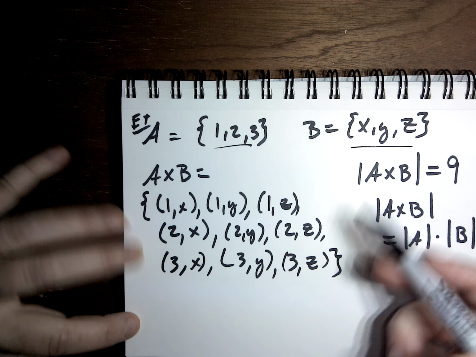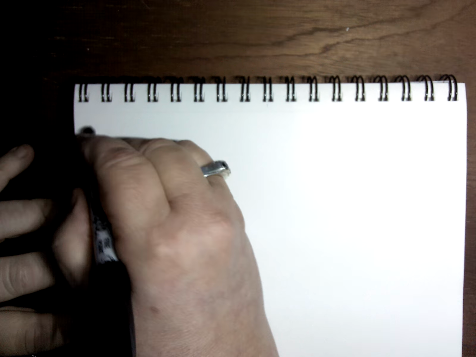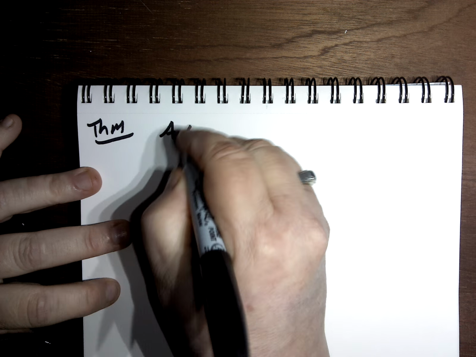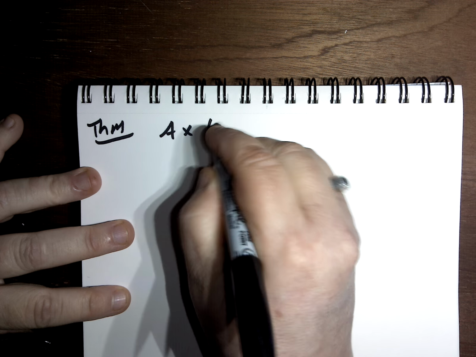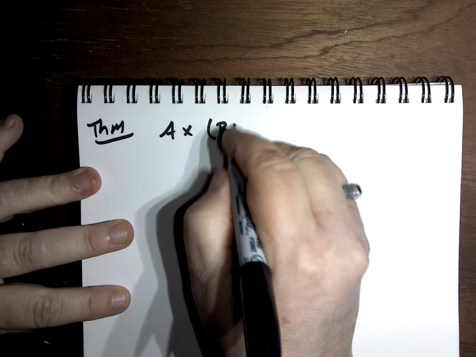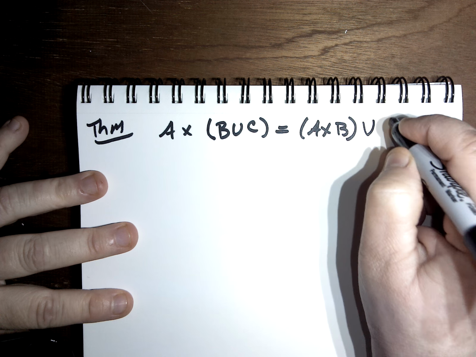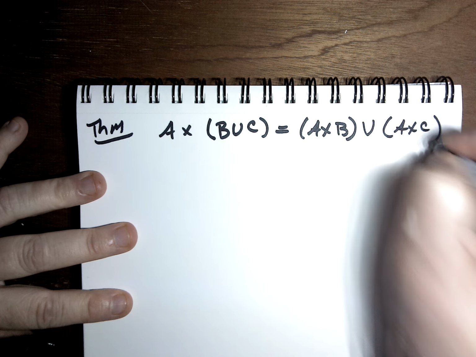So let's talk about some theorems that you might have for these cross products. Theorem. Everybody's a set. A, B, C, and D are all sets. A cross (B union C) is equal to (A cross B) union (A cross C).